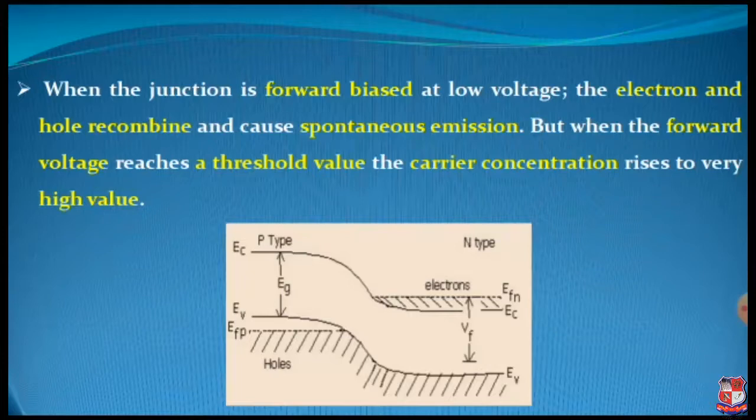In forward bias at low voltage, electron and hole pairs recombine and cause spontaneous emission. But when the forward voltage reaches a threshold value, the carrier concentration rises to a very high value, and as you can see from this figure, the Fermi level of N-type is lifted up, the Fermi level of P-type is lowered, but the energy band gap remains constant.